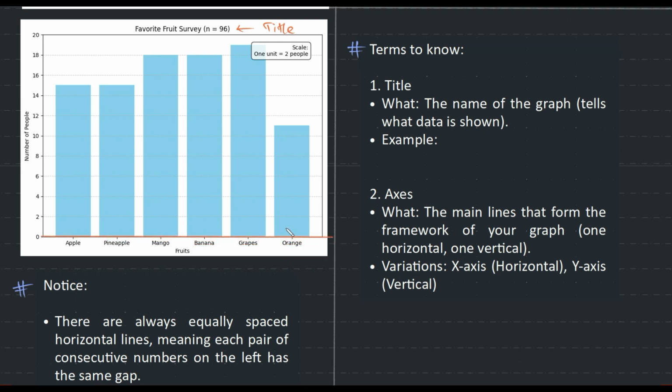This is your x-axis and this is your y-axis. This is a horizontal line. That's your vertical line.